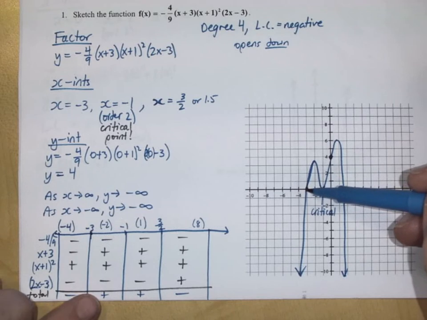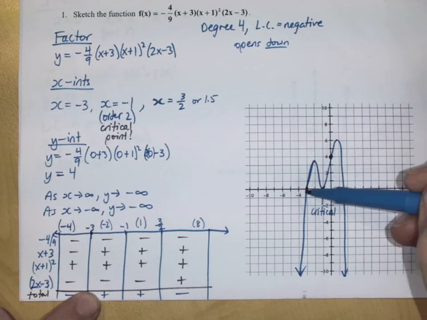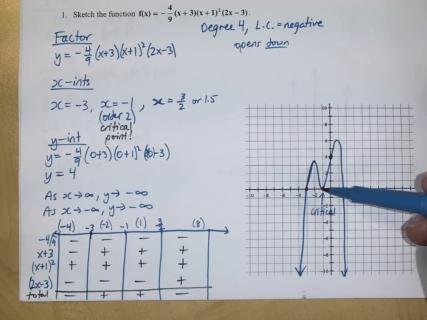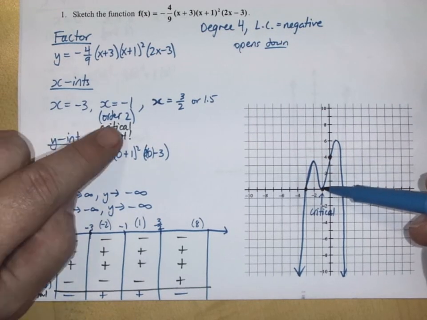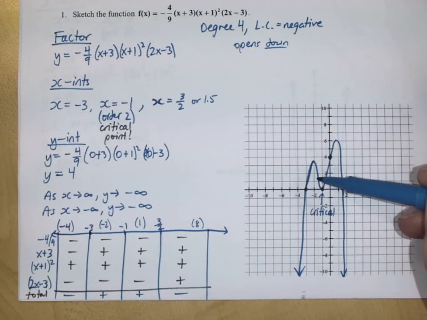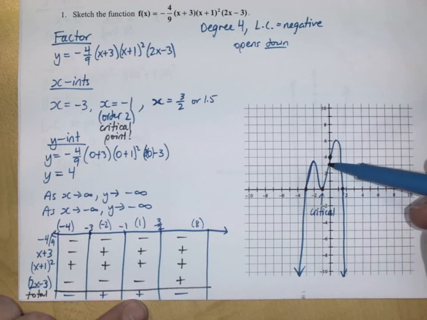The graph is plus, or above, right? Right here. And then again, above, so that means this must be a critical point. We knew that though because it was order 2. The graph is going to approach that point, hit it, and then rebound back up again. That's why it stays positive or above the x-axis.